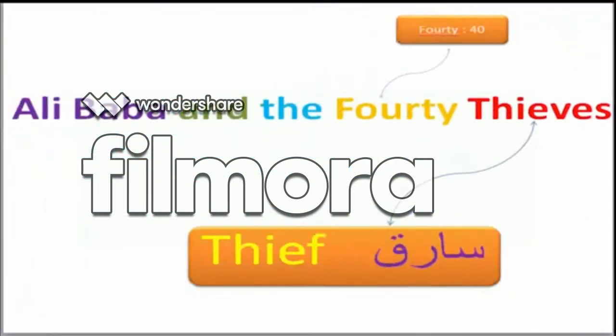This is the title, Ali Baba and the 40 Thieves. Ali Baba is the main character, الشخصية الرئيسية في القصة, and the 40 thieves. Notice that the word 40 means the number 40. But notice that sometimes there is a U, F-O-U-R-T-Y. If you don't find the U, that is American. And here we teach British English.